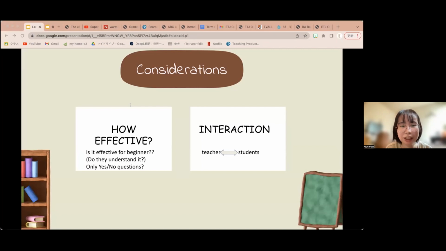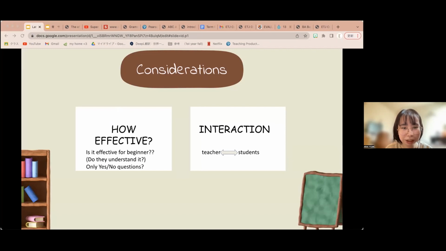The other consideration is that students' utterances are limited to asking yes or no questions. However, it will help students to practice asking questions, even very simple ones.